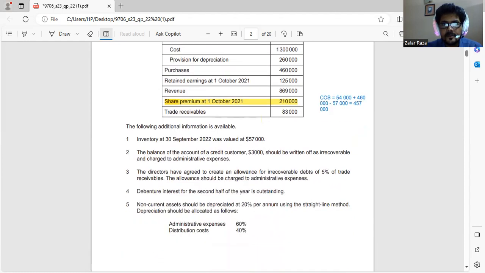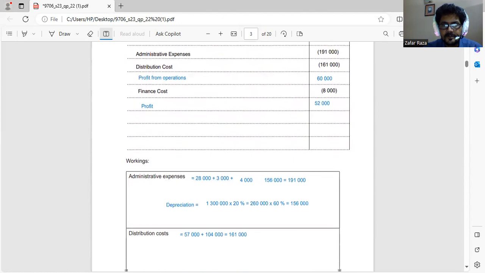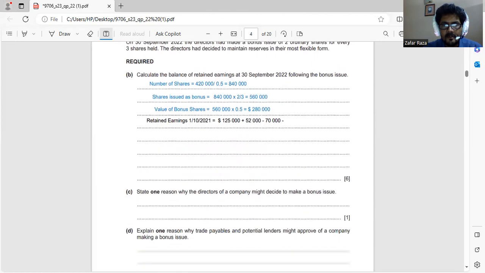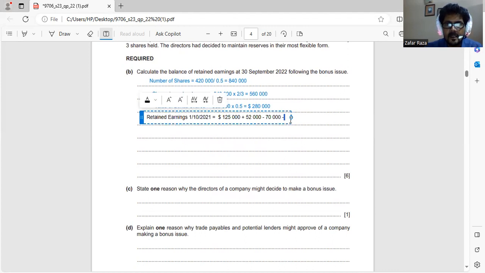So we have to deduct over here dividends paid, less 21,000 for dividends, and the ending balance of retained earnings would be 86,000, I think. 125 plus 52 minus 70 minus 21, 86,000.